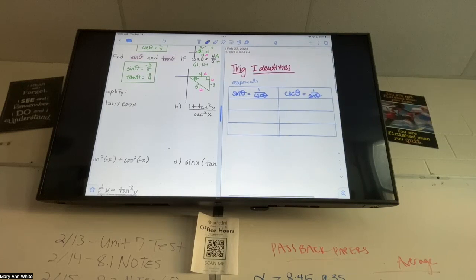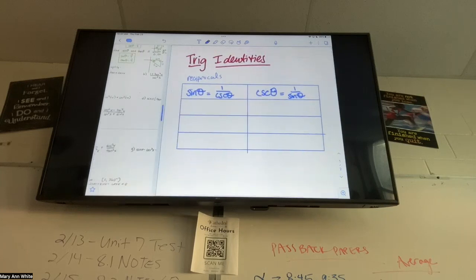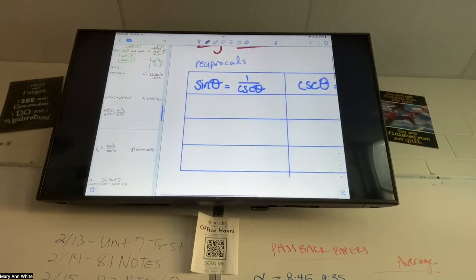That's what we're about to do with all of these trig functions. So I'm going to write all of them and their reciprocals. So sine is the same thing as 1 over cosecant, and cosecant is the same thing as 1 over sine. That's not really brand new information, is it? We should kind of know that a little bit. Next one I'm going to do is cosine. That's 1 over secant.